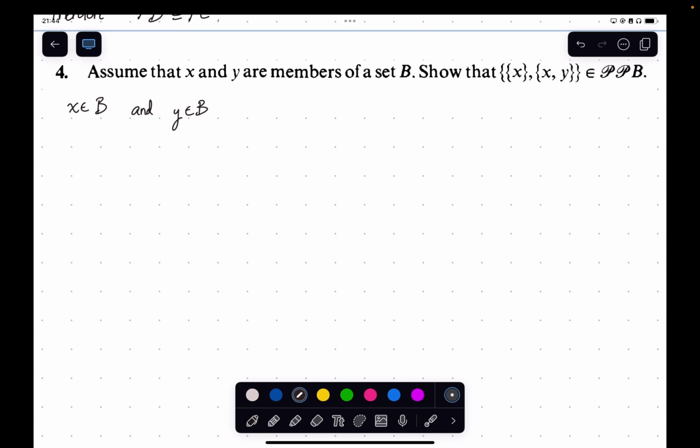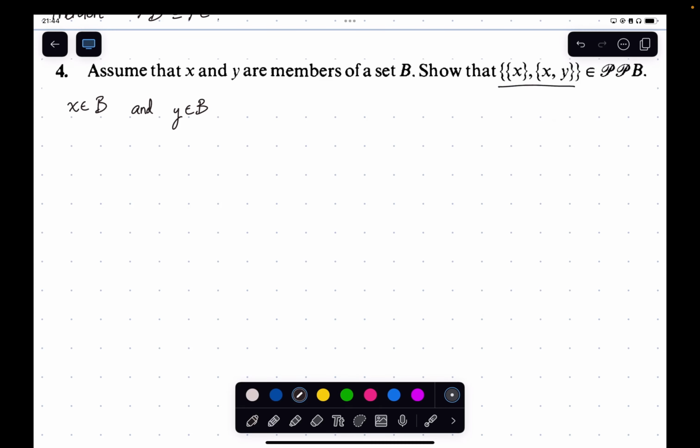Okay, now how do we even show that this thing is in the power set of the power set of B? What does that even mean, and how would we ever figure that out? We just have to remember what the power set of any set is. Let's say S is a set, as usual.